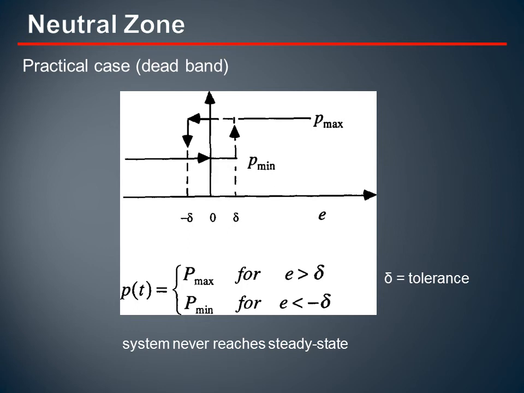The proportional level increases from 0 and decreases up to 0. In this span or area, there is no change in the controller output as shown in the diagram. So as you can see, from minus delta to plus delta, there is no change in output, and this is also called dead band or neutral zone.